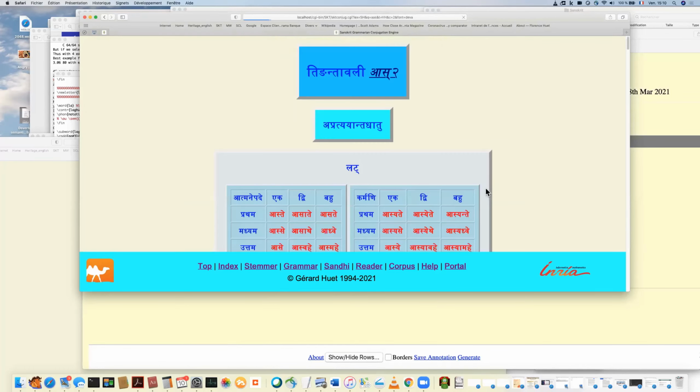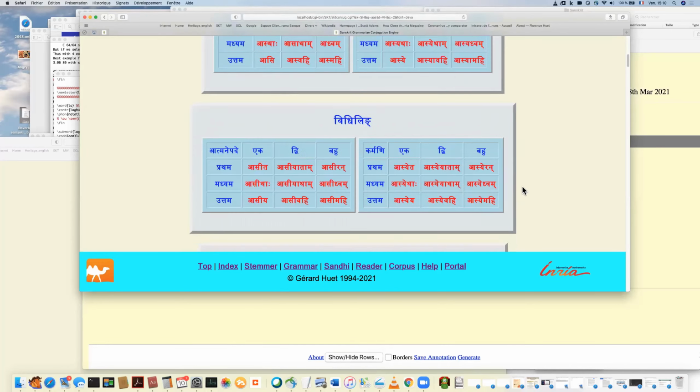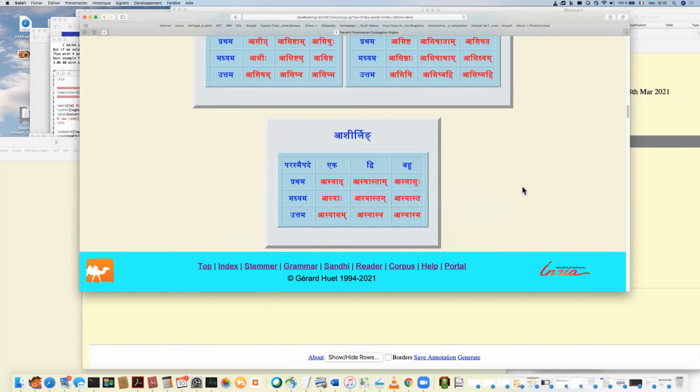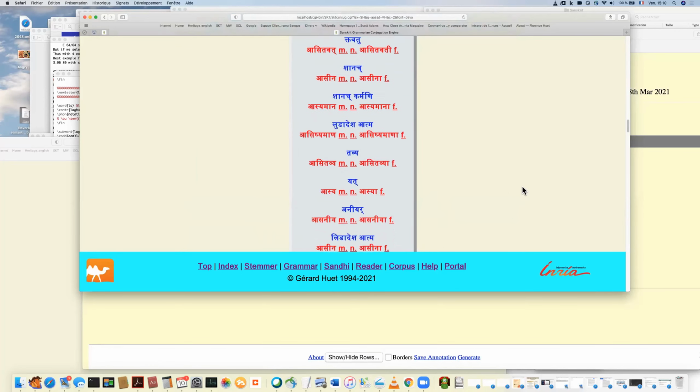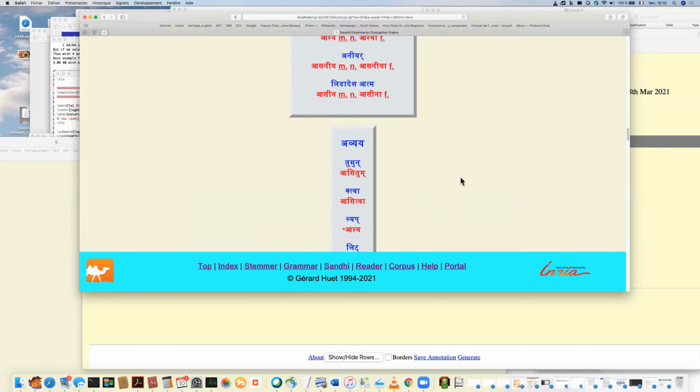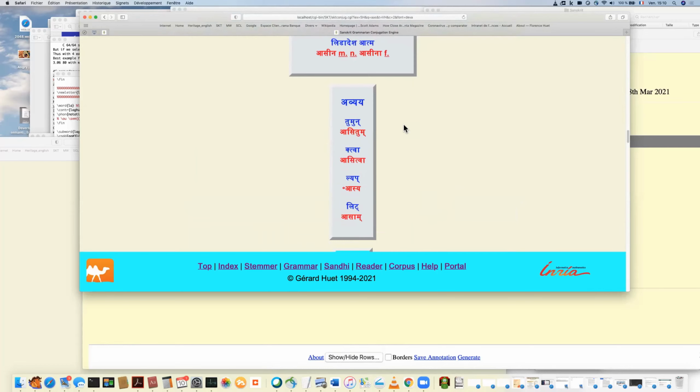Okay, so you have all the usual tenses, and then you have all the krdantas, and now you have the avyaya forms of the root. And here it is, "asa". So it's lit. Lit is perfect, but this is this periphrastic lit form, which is not a standalone form.